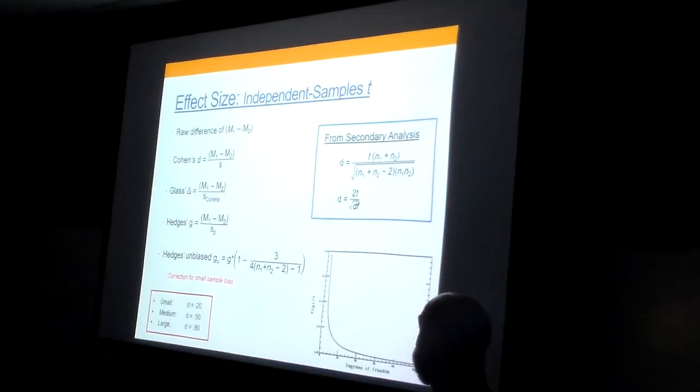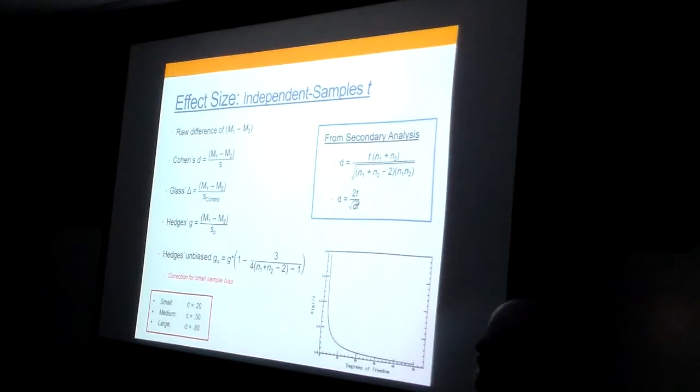Or, to simplify, this is an alternative form. You can just take 2 times the test statistic over the square root of the degrees of freedom, which is going to give you an approximation of Cohen's D. Okay. For the stuff we're doing, do this, okay? But if you need to pull information from other articles, this is something you can also do.